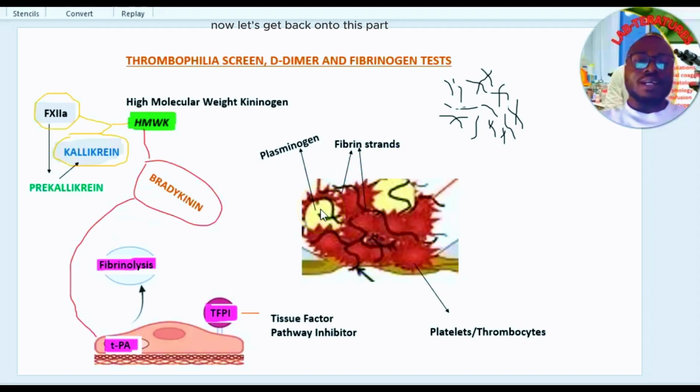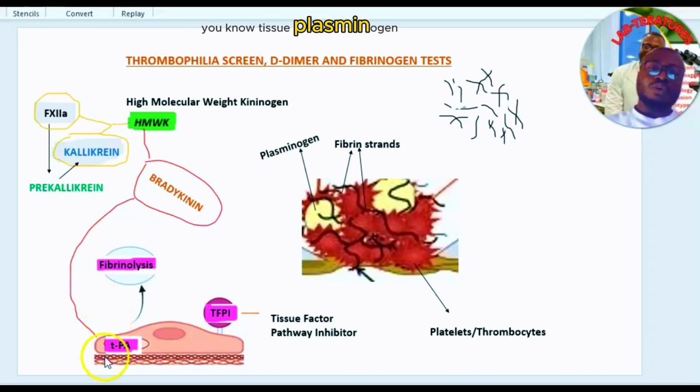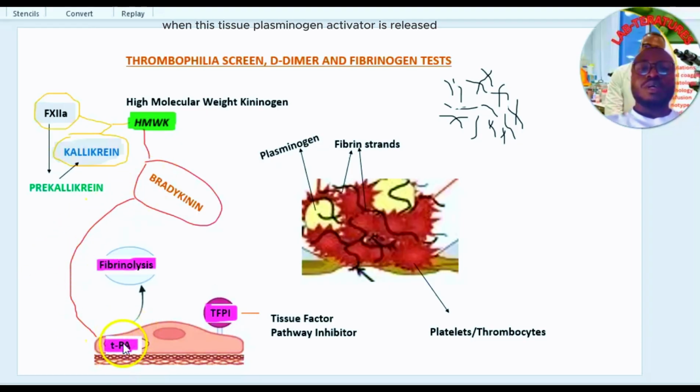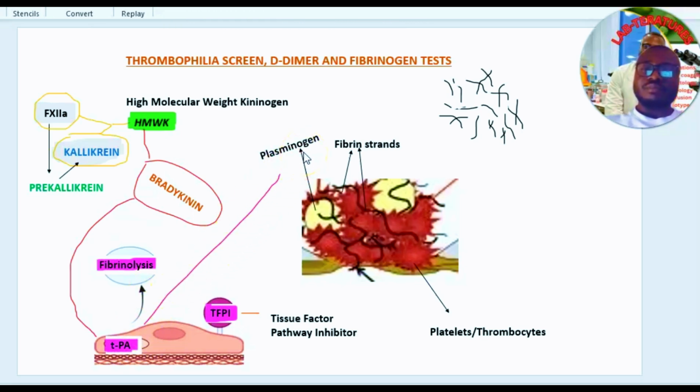Now let's get back onto this part so that we can understand the process. We know tissue plasminogen activator has been released because of a stimulus called bradykinin. When this tissue plasminogen activator is released, it goes straight to this plasminogen. Now, this is the plasminogen already forming a part of the clot.